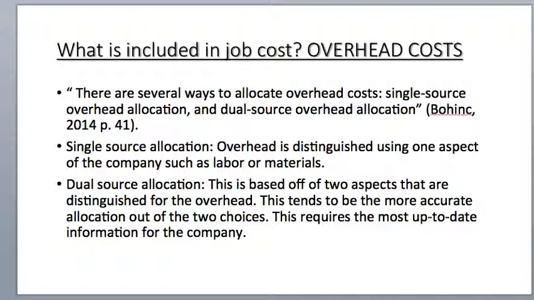This tends to be the more accurate allocation of the two choices. However, this requires the most up-to-date information for the company, and it might not be ideal for most contractors. For the single allocation, most of these bases are sales, revenue, material costs, or labor costs. For the purpose of actual job costing, this author suggests using labor hours versus anything else listed.